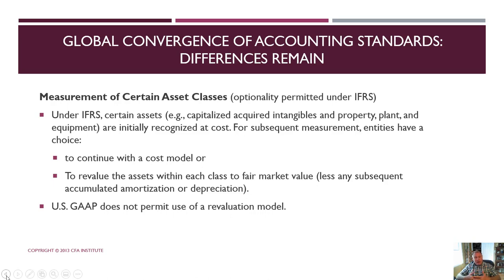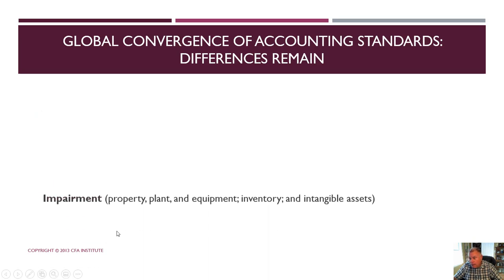We'd simply continue to depreciate them. So you could have a gain on IFRS, nothing on GAAP. Now, when it comes to the value of intangibles, both systems require that you do a periodic examination and you write down, but you never write up under GAAP. IFRS you could write up.